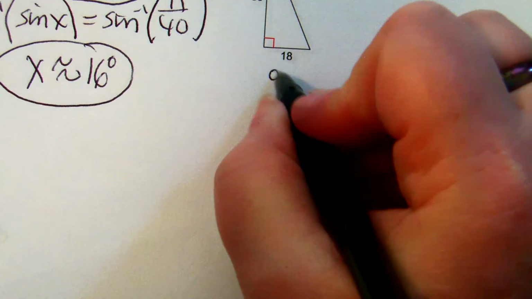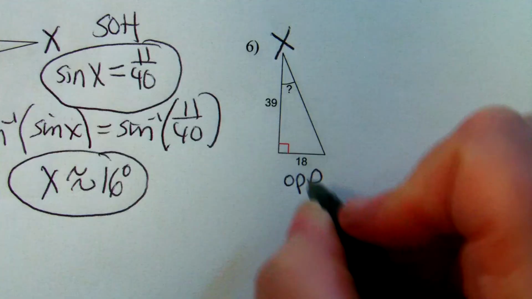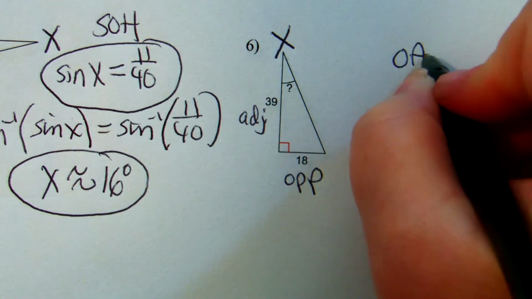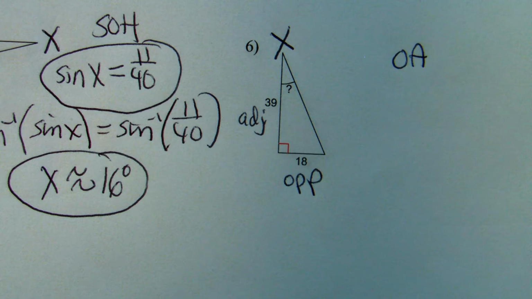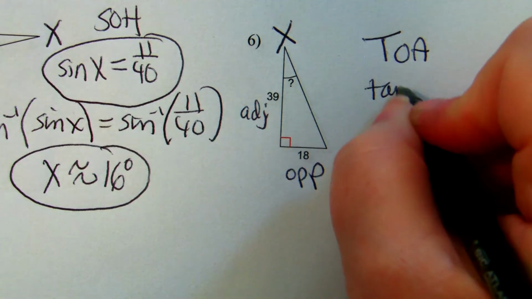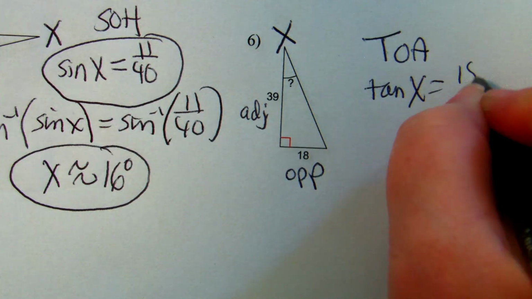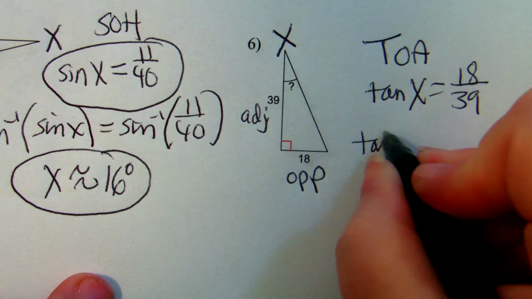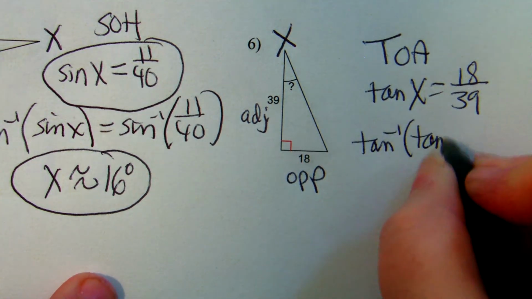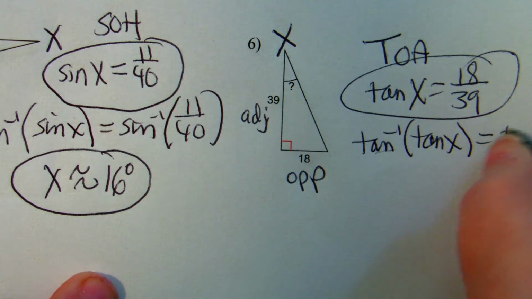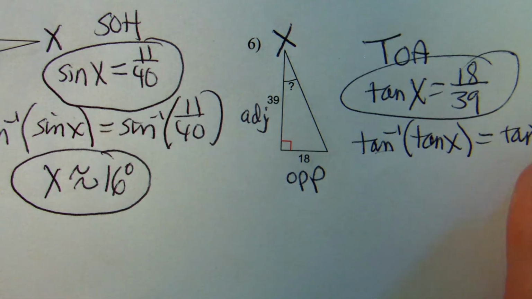This one's opposite, adjacent. So which trig ratio is it? So tangent inverse of tangent x, those cancel and give you x, equals tangent inverse of 18 over 39.